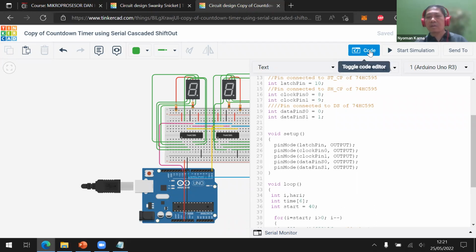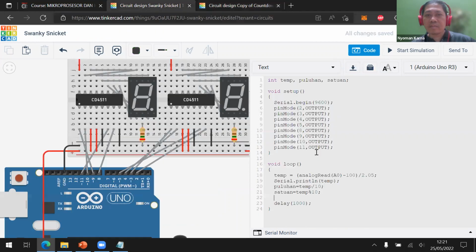Okay, I don't think we can use this code. So let me just try to create our own code.